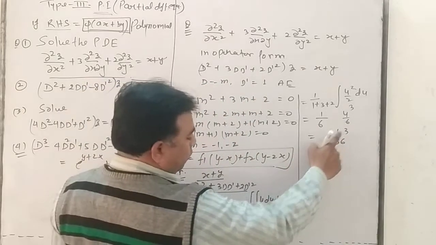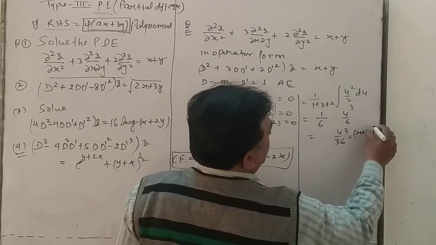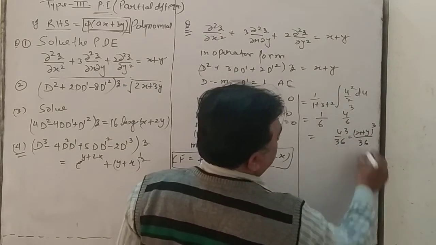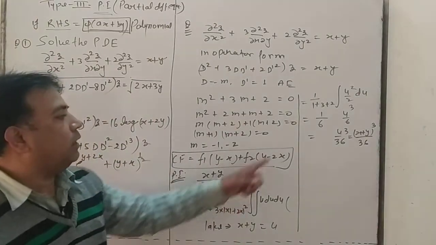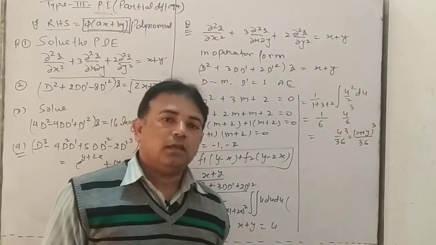Putting the value of u as x plus y, we get (x plus y) whole cube upon 36. This is the PI of the partial differential equation.